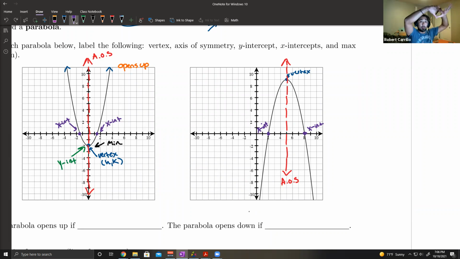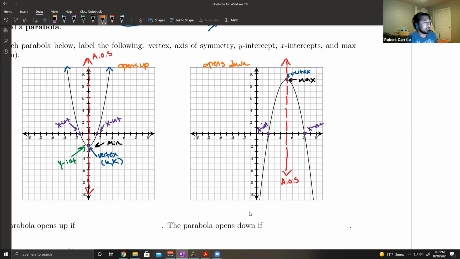Since this parabola opens down, the vertex is also going to be considered a maximum. And this is a parabola that opens down.